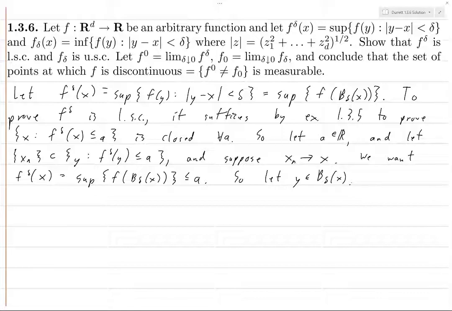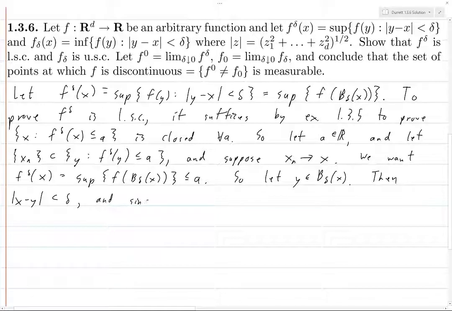And we want to use that to our advantage. So if we let y be in this ball of radius delta at x, then, and this is an argument that you might work backwards to find, the distance between x and y is strictly less than delta.